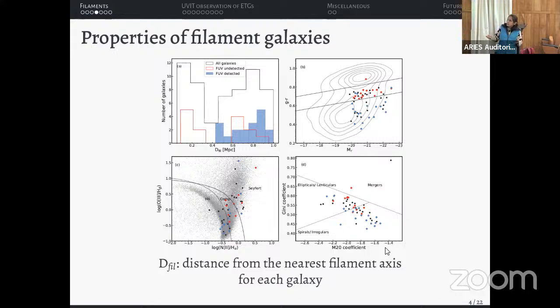There are two peaks in this, because we have all kinds of galaxies. Some are star forming, some are star formation quenched, so they group together in a color magnitude diagram.